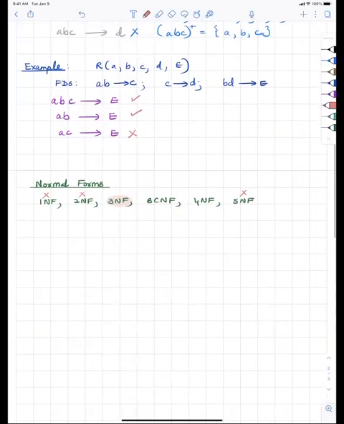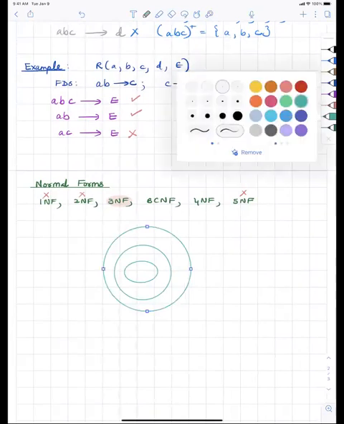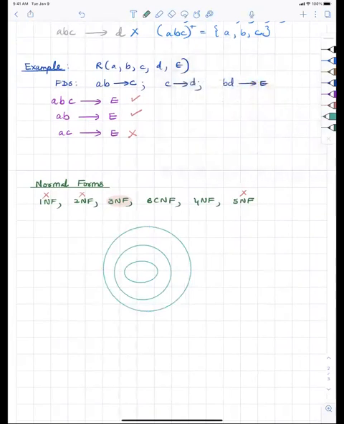And like I mentioned in class, all these normal forms are related. We have fourth normal form, then Boyce-Codd normal form and third normal form.